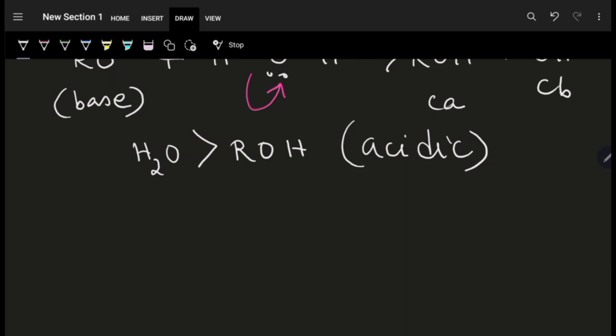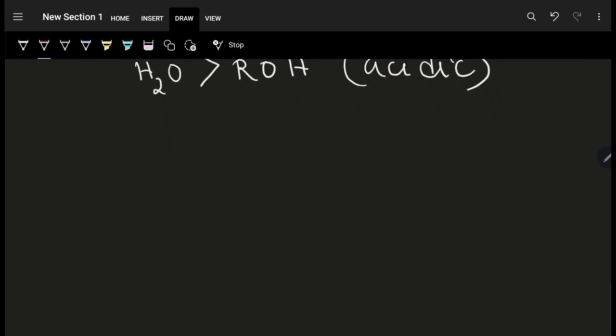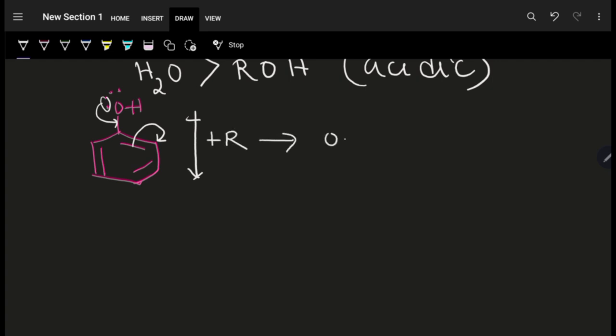Now talking about phenols. Phenols are highly corrosive. So carbolic acid is corrosive in nature. And this is the structure of phenol. This oxygen-hydrogen bond is highly polar. Why? Because the lone pair on oxygen goes into resonance, and due to this plus R effect, the oxygen-hydrogen bond polarity increases.